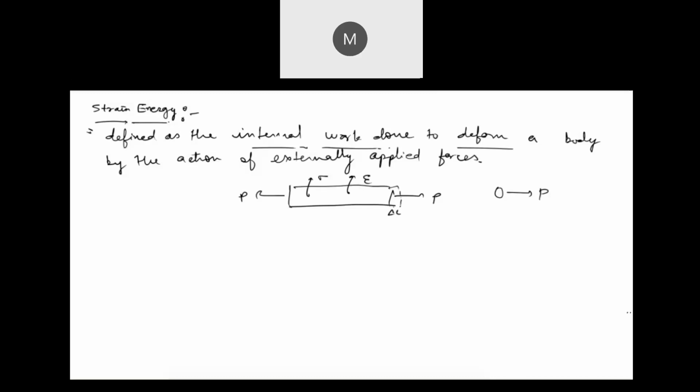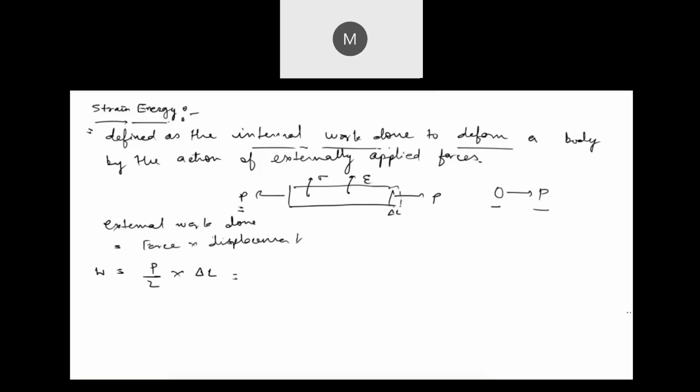Now let's try to write the external work done, due to this load P. Work done is nothing but force times displacement. Force here is changing from 0 to P, so the average force we can write is P by 2 into displacement delta L. That is the external work done.